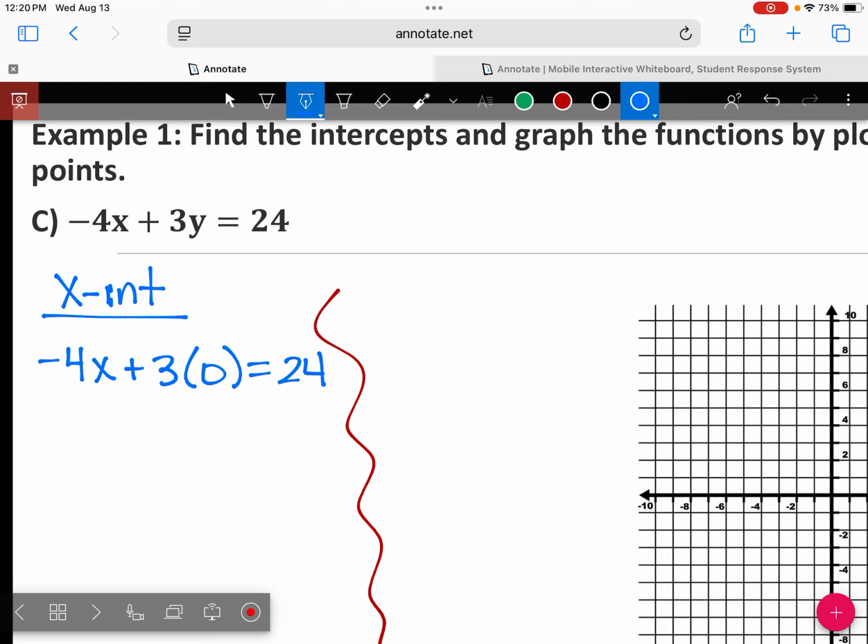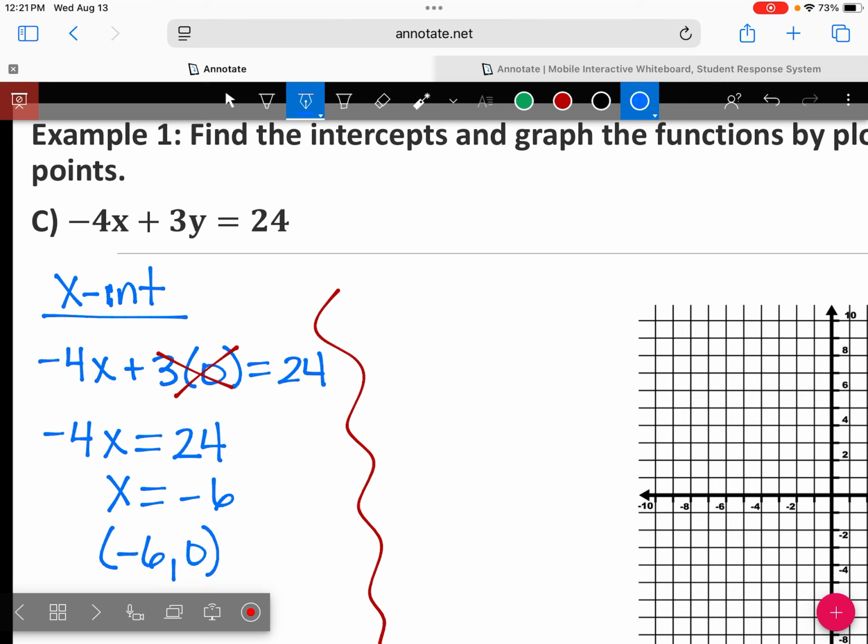Anytime you multiply something by 0, it crosses out. So then I'll have negative 4x equals 24. And when I divide, I have x equals negative 6. I'm going to put a point on my x-axis at the negative 6.